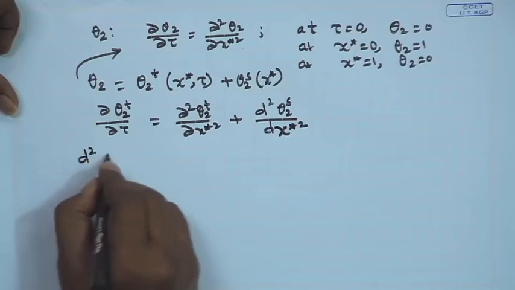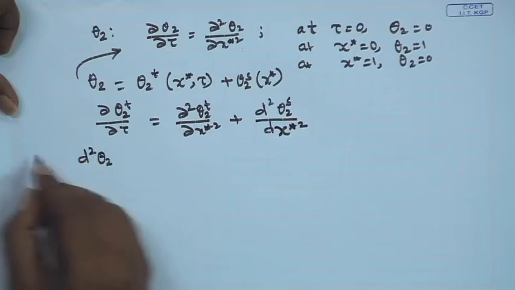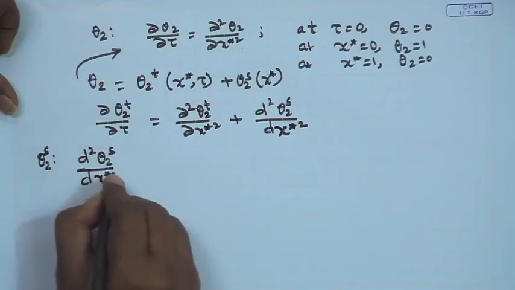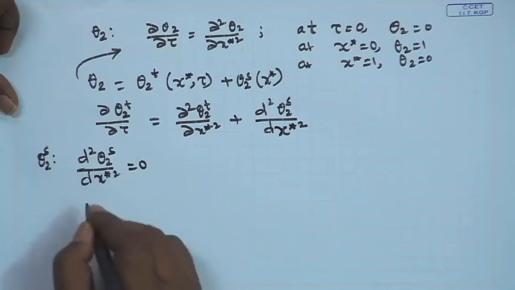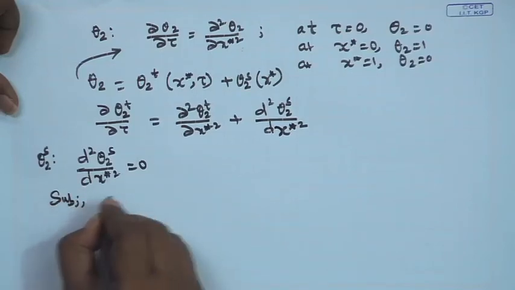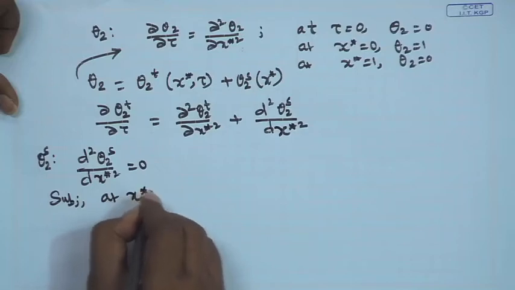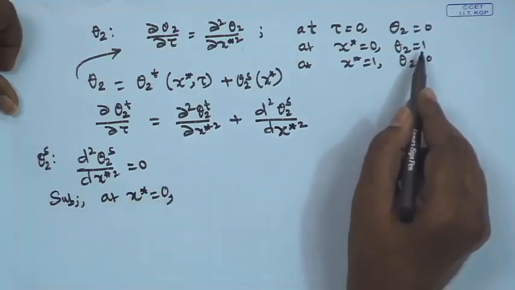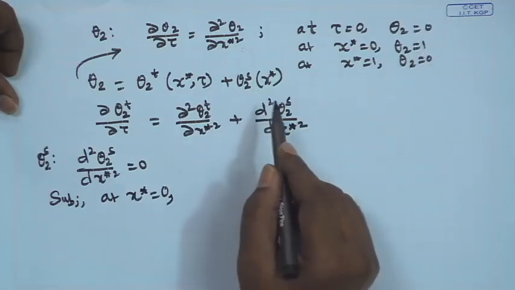So, we write down the governing equation of theta 2 s: d square theta 2 s d x star square is equal to 0, subject to the boundary condition at x star is equal to 0. Theta 2 is equal to theta 2 s plus theta 2 t. I associate judiciously the non-homogeneous part with the spatially varying part.